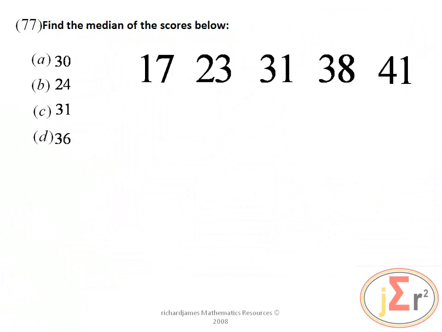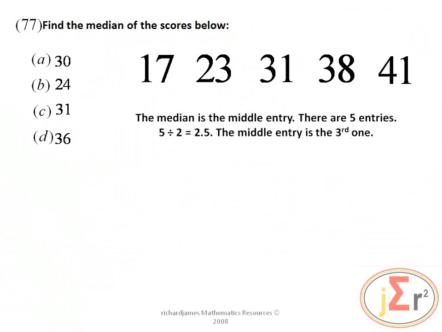Find the median of the scores below. The median is the middle entry. No, the median is not just any middle entry. It has to be the middle entry if the data is arranged in ascending or descending order.